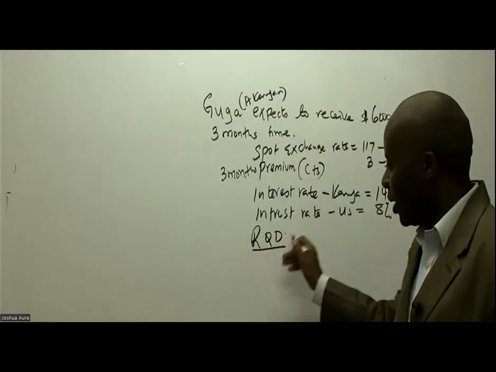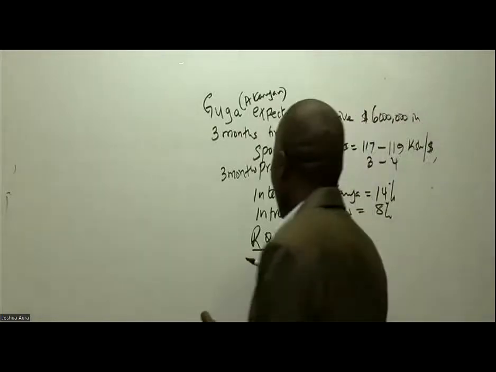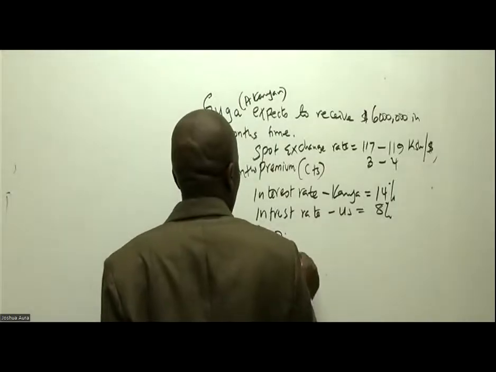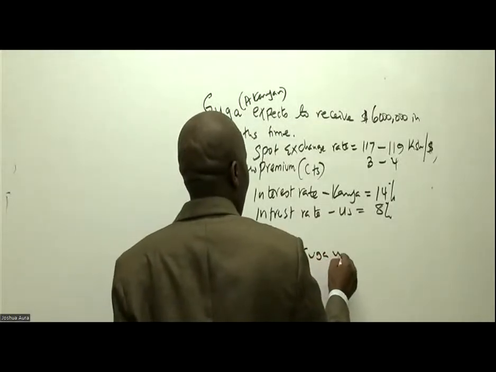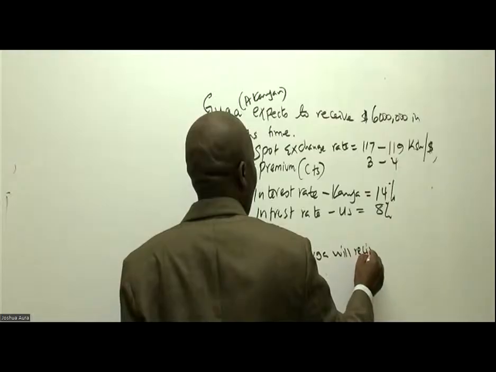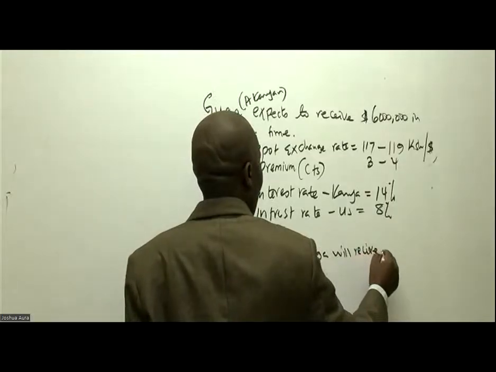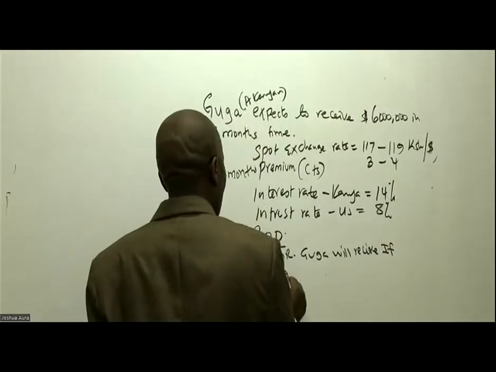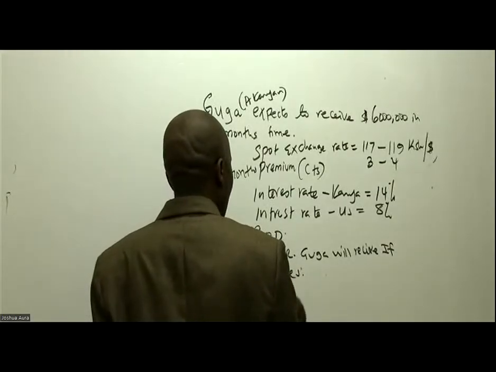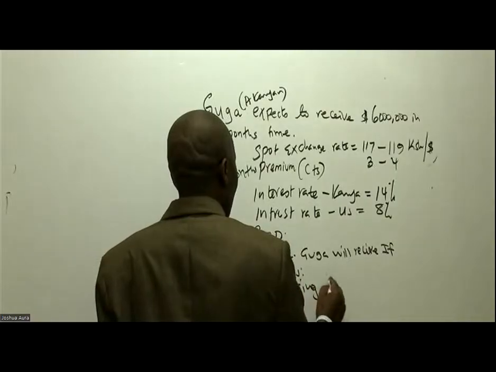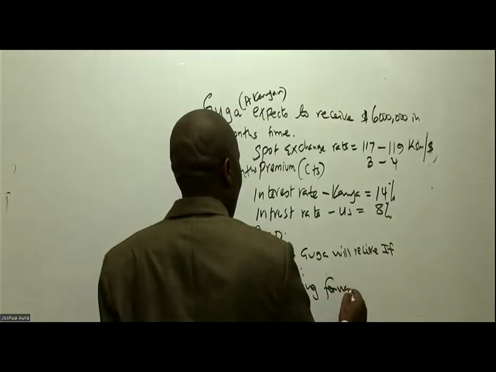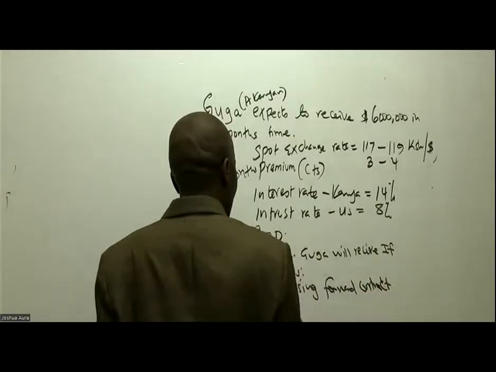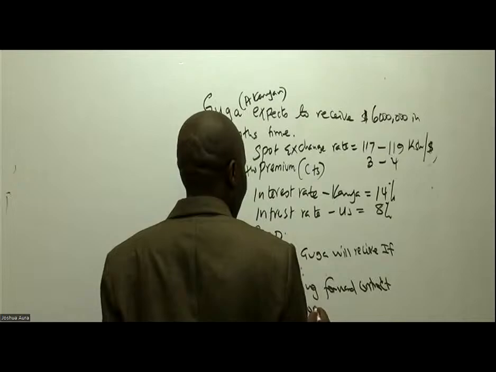You'll be required to determine the amount Mr. Guga will receive if he hedges, number one, using a forward contract. Then number two, money markets.